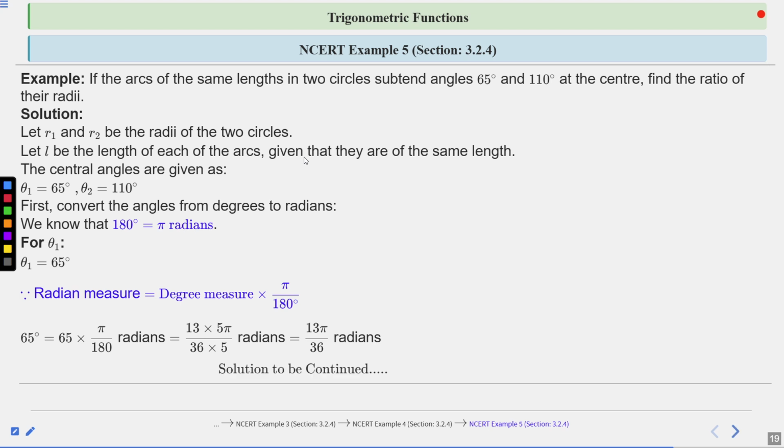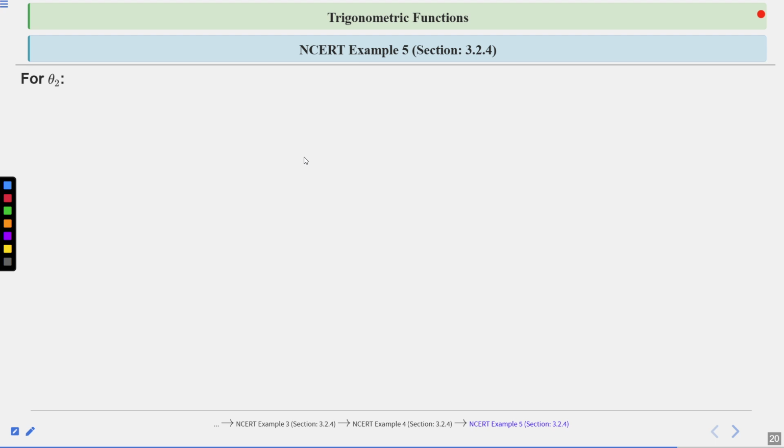Now solution continues. Now for theta 2. So theta 2 is 110 degrees, already given to us. Again, using the same formula, as we are going to convert our degree measure into radian measure. In order to do that, we require the formula which says radian measure is equal to degree measure times pi by 180 degrees.